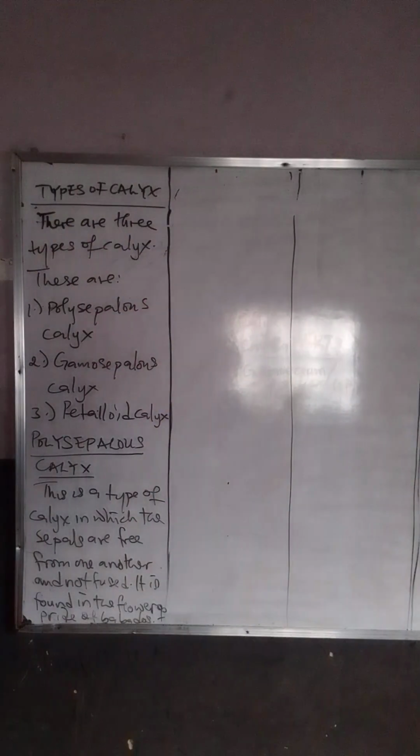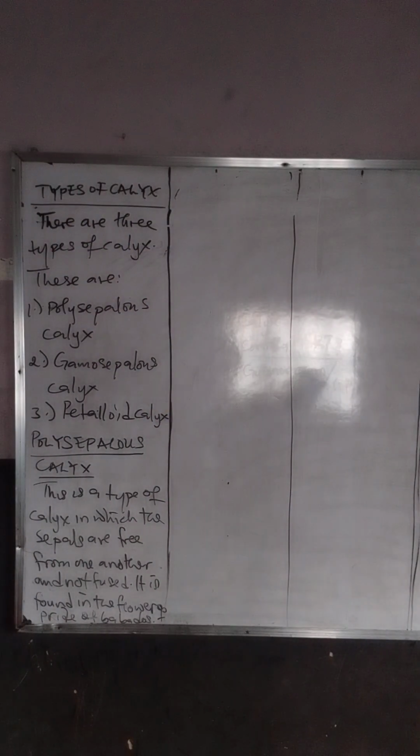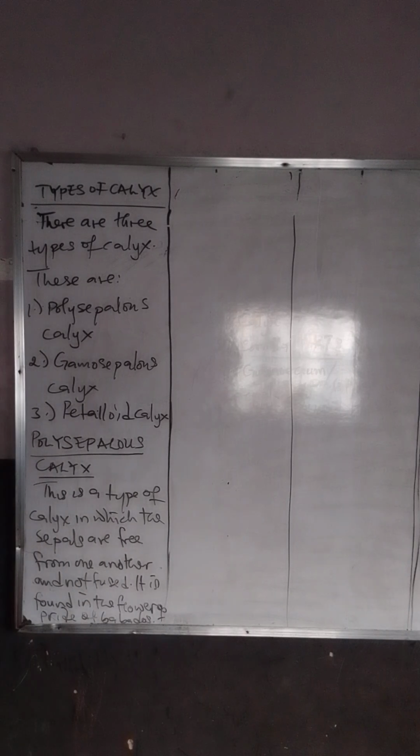See one here. Can you see? They are free. They are not fused together. See another one here, this bigger one. Then they are not fused. See another one here. They are free from one another. So they are not fused. So that is that.